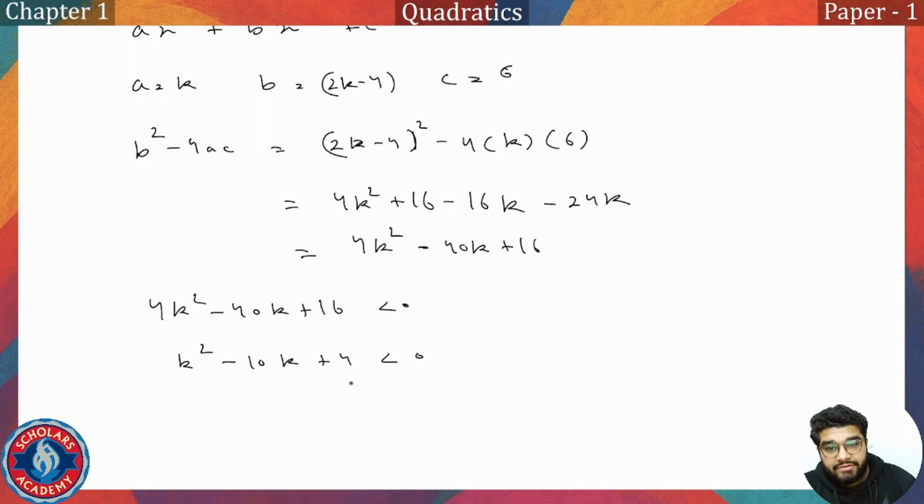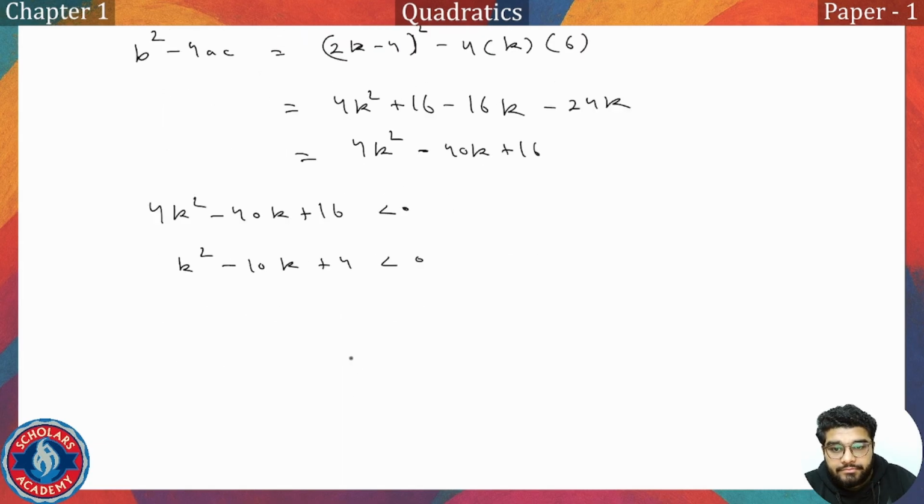To simplify it, first of all, I will find the values of the roots for this quadratic equation. So I will apply the quadratic formula over here. The value of k is −b ± √(b² − 4ac) divided by 2a.